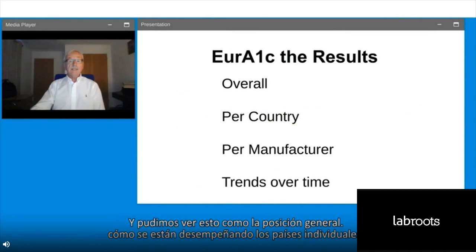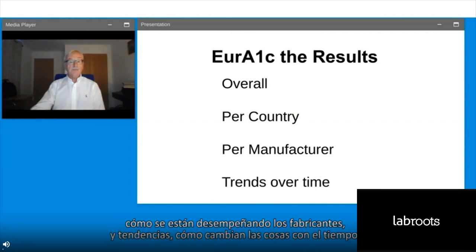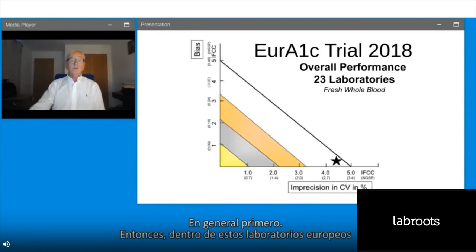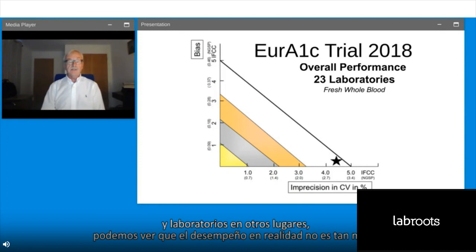And we can look at this as the overall position, how individual countries are performing, how manufacturers are performing, and trends, how things change over time. Overall first. So within these European laboratories and laboratories further afield, we can see that performance is actually not too bad.